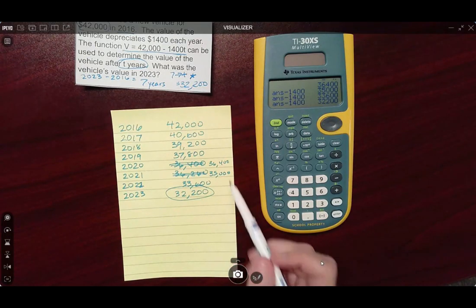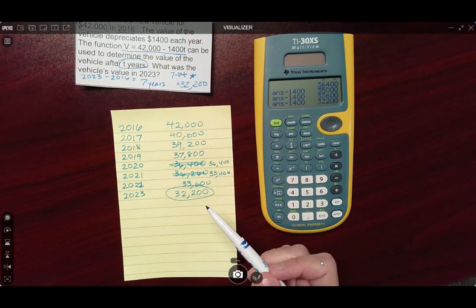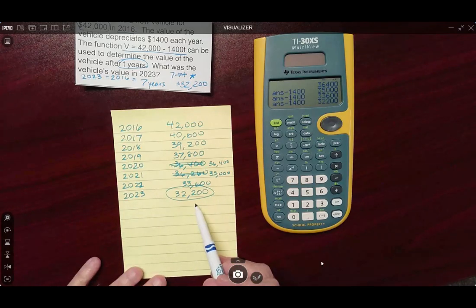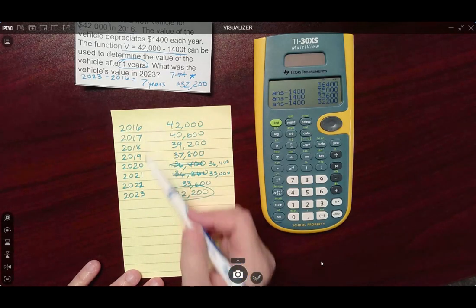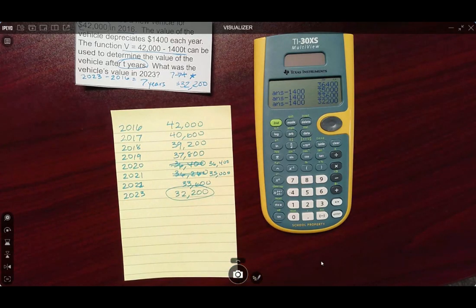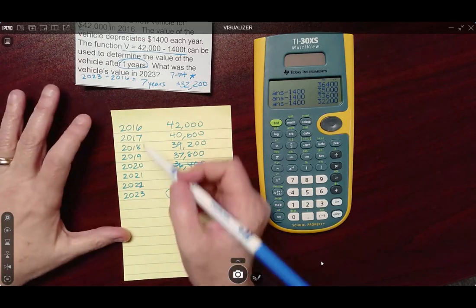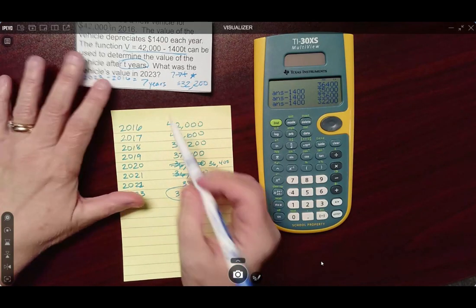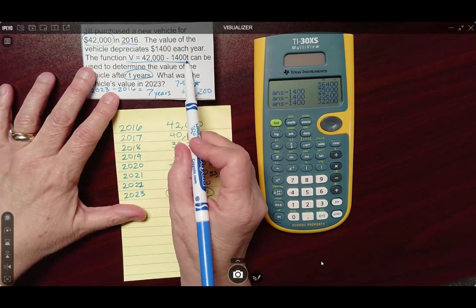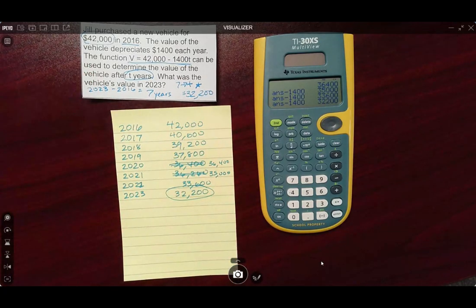So even with me making a mistake and finding my error, we were able to get to the same answer either by listing all these years and subtracting $1,400 each year, or if I know this is 7 years' time, we can put 7 in for the t and just solve the function using the store button to find out the value of the vehicle 7 years after it was purchased.